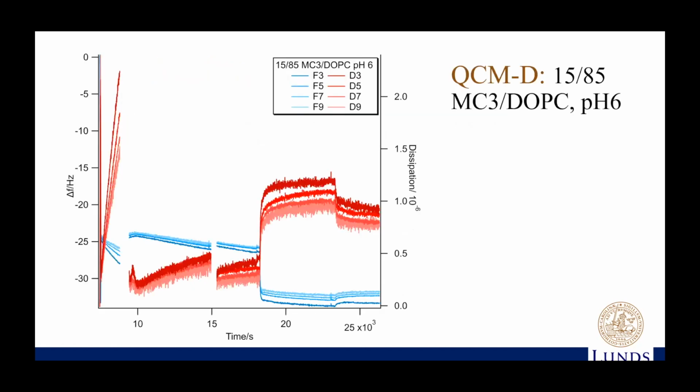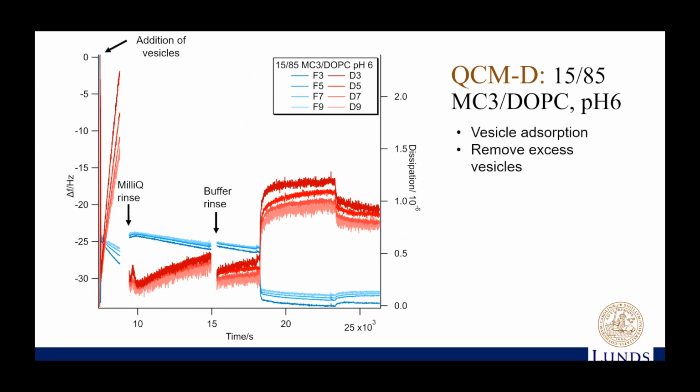So as the previous speaker very helpfully introduced, I also did some QCMD. And I'll just show a few of the measurements to highlight some common features and key points, and then summarize them. So this is the QCMD experiment we did for the 15% MC3, so that's the highest proportion of MC3 in the layer, and pH 6, which is below the pKa of MC3, so it should be positively charged.